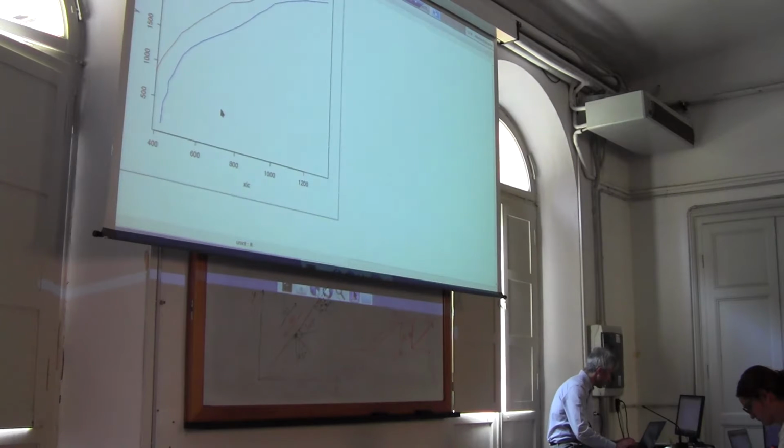Okay, let's look at the graph. Yeah, it is basically coincident. It means that there has been a very small displacement.